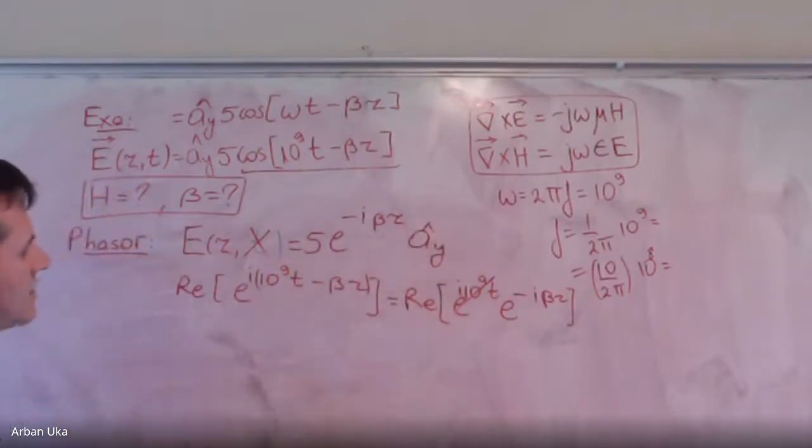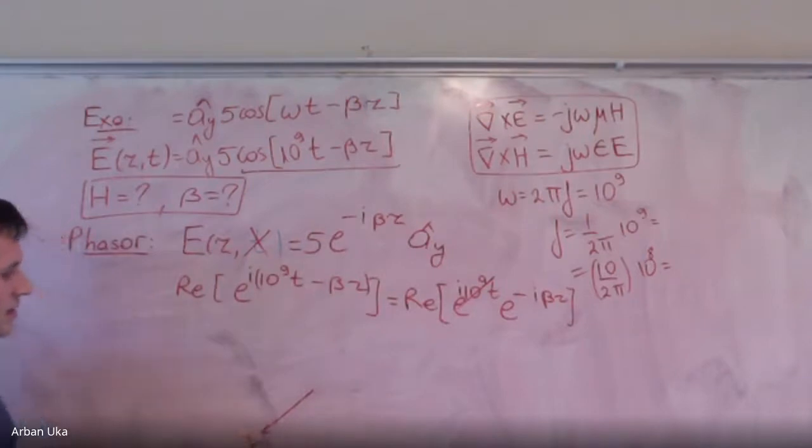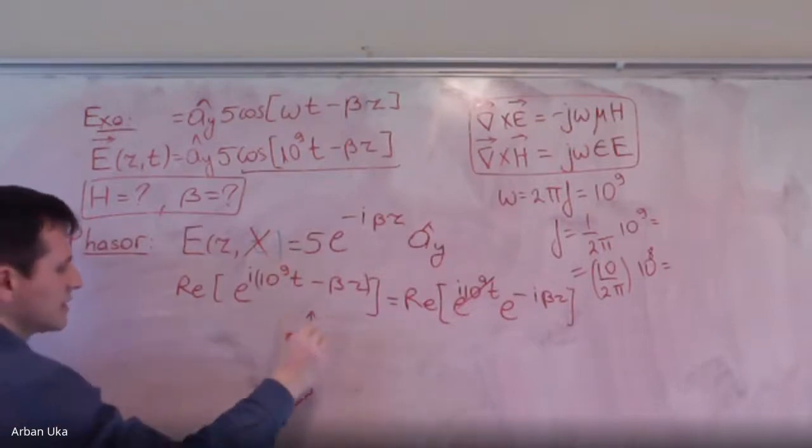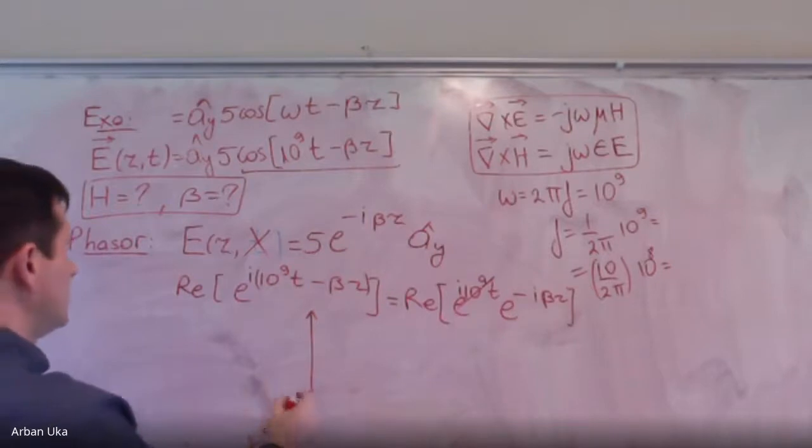Now, why is this a_y? Let's assume for a moment that we have the x-axis, y and z, x, y, z.